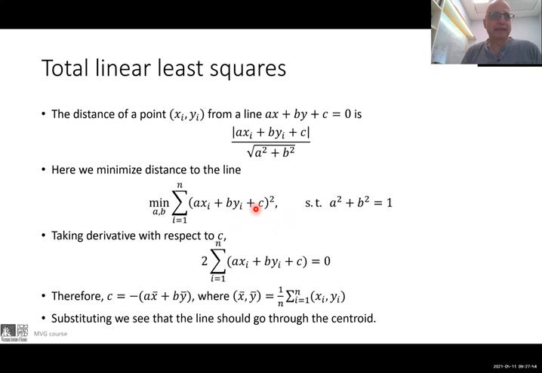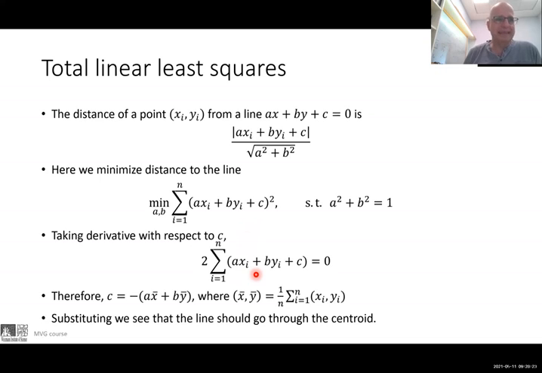Let's look first at the derivative of this distance squared. If we take the derivative with respect to c, what we get is 2 times the sum of a xi plus b yi plus c equals 0. The constraint does not depend on c, so we can do that.